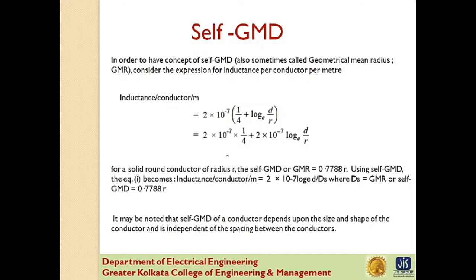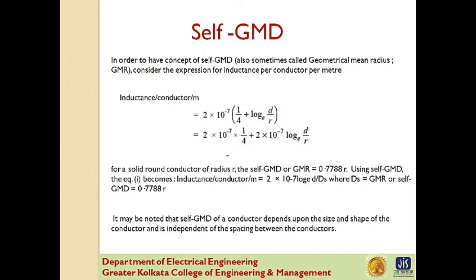Consequently the inductance due to internal flux is also zero, and the term 2 × 10^-7 × 1/4 is thus eliminated. Now the radius of the equivalent hollow cylinder must be sufficiently smaller than the physical radius of the conductor to allow room for enough additional flux to compensate for the absence of the internal flux linkage.